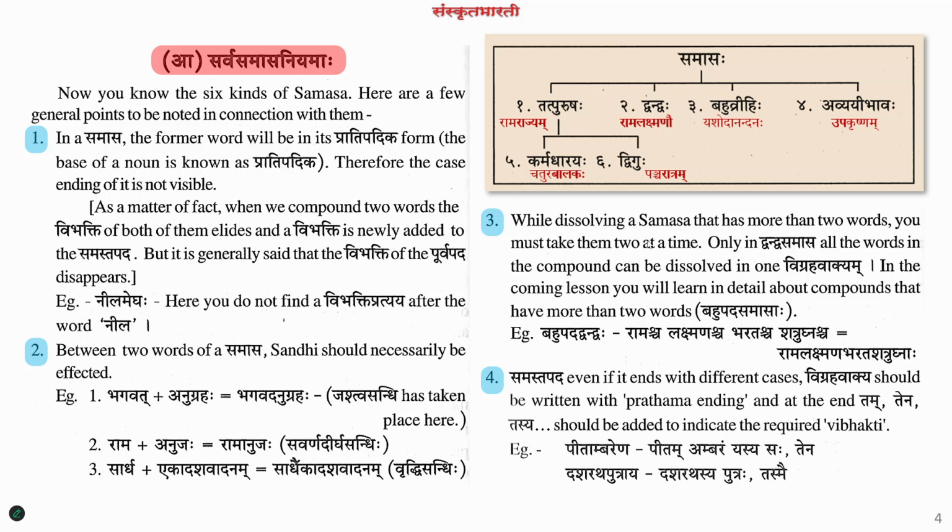Okay, good. Only in dvandva samasa, all the words in the compound can be dissolved in one vigraha vakyam. It is a technical allowance to simplify, to not overdo. In other places, for example, tatpurusha will happen, then some bahuvrihi will happen, so it is better to hierarchize the construct.